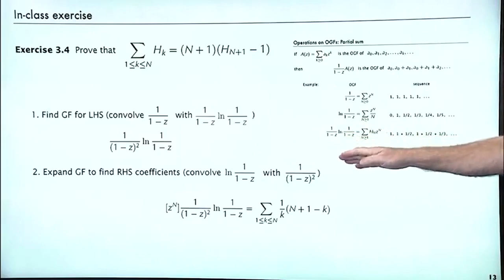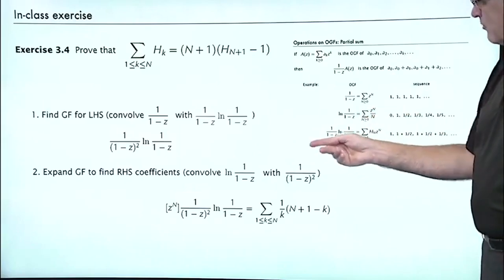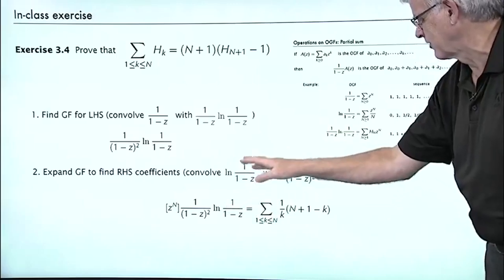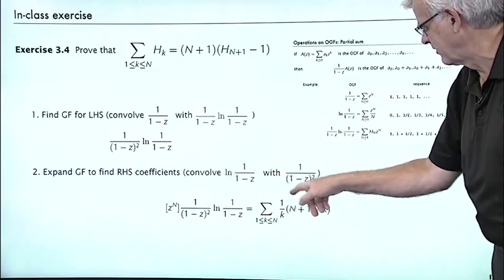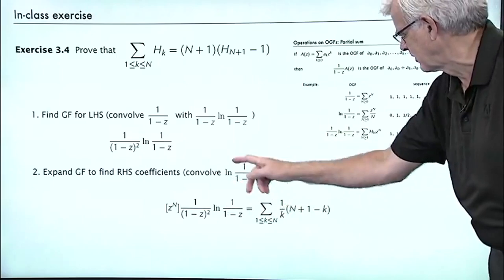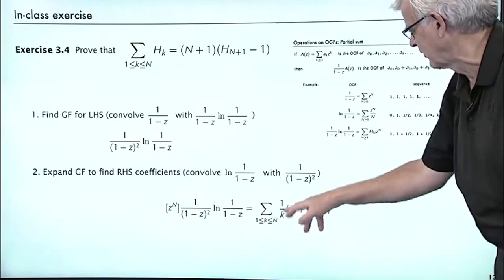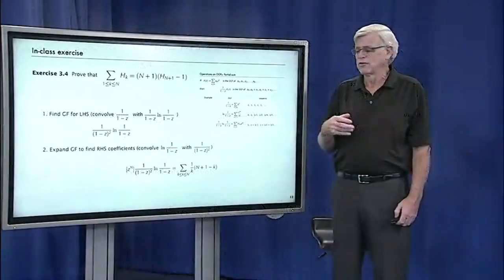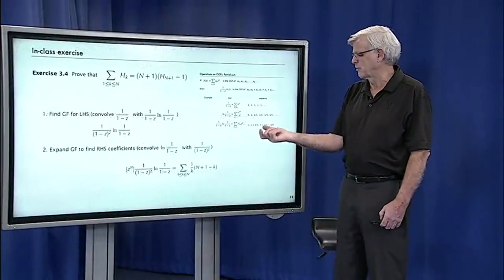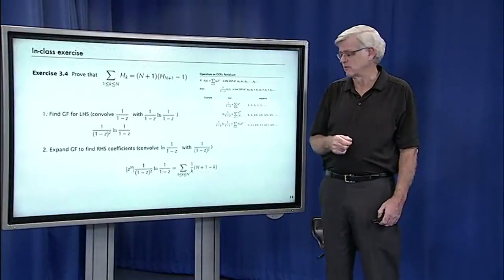So that tells us right away that the coefficient of z to the n in this is a convolution, a sum on k of the coefficient of z to the n minus k in that one, and the coefficient of z to the k in that one, 1 over k. So that's just a simple convolution of those two generating functions.